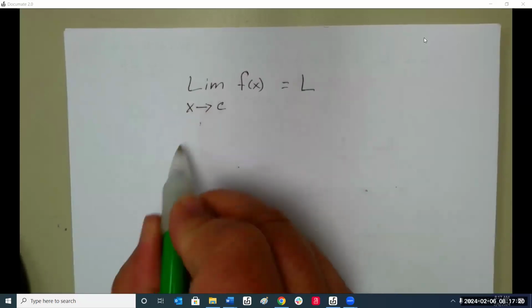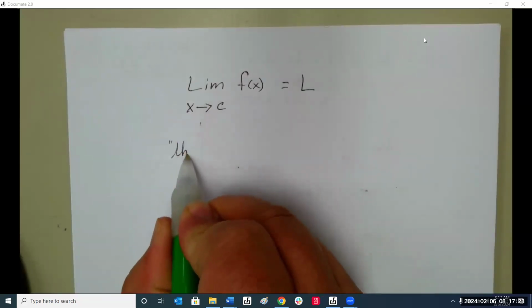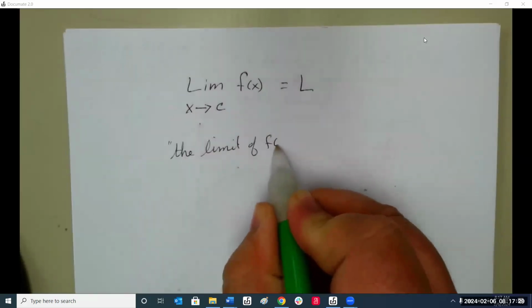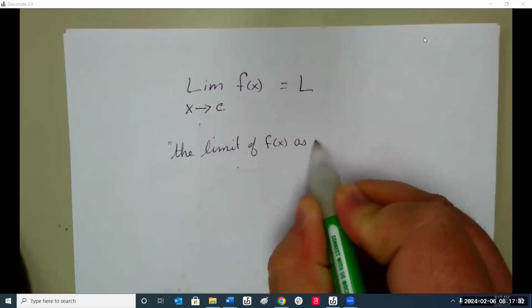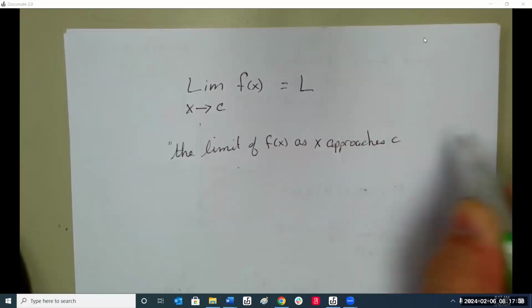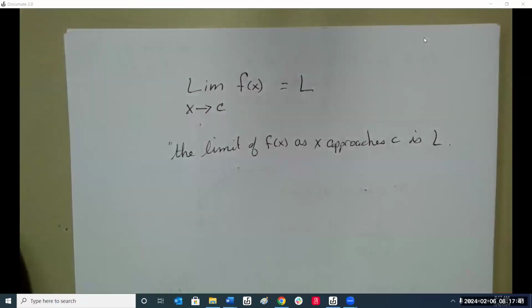And it's read, the limit of f of x as x approaches c is L. Okay, so far so good. So that's what we're looking at. That's what we'll be dealing with in this first part of the course.